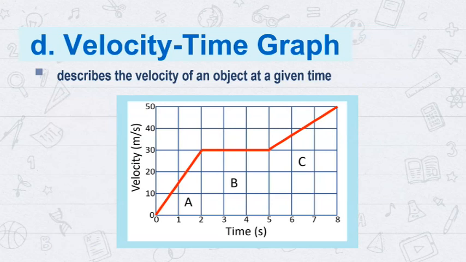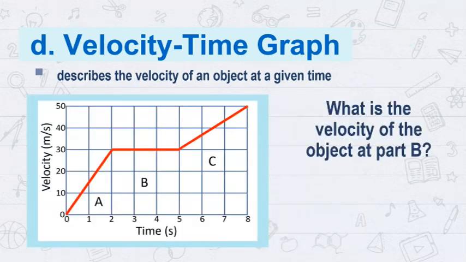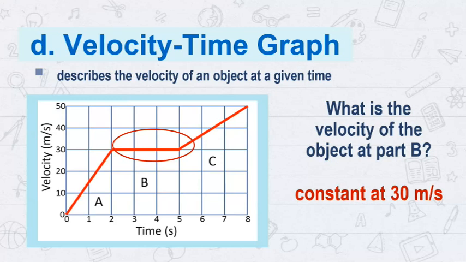Lastly, we have the velocity-time graph. It describes the velocity of an object at a given time. In this graph, what is the velocity of the object at part B? Since the graph shows a horizontal line at this part, its velocity is constant at 30 meters per second.